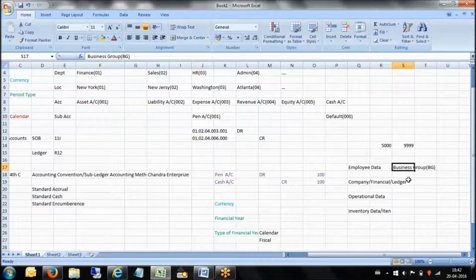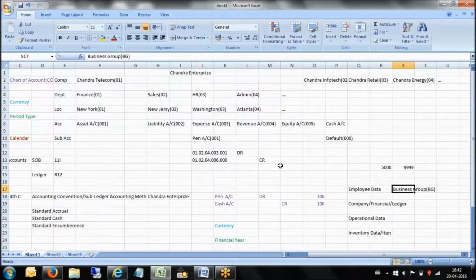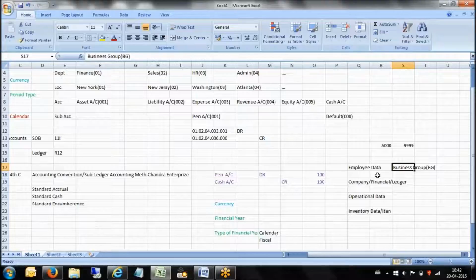If they say that based on various companies under it, we want to secure employee data, then you can have as many BGs as the number of companies you have. Or if the country differs, then also you need to have a different BG. So it all depends on business requirements. You are flexible to do it in the application.